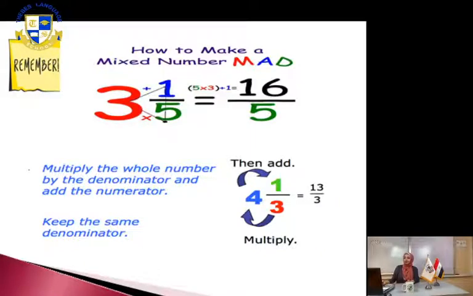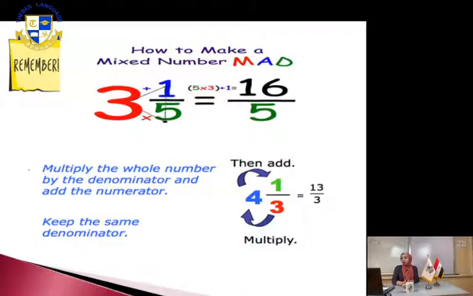Remember that we have studied before in primary 4 the mixed number and how to convert it from a mixed number to an improper fraction. Okay? Here we have 3 and 1/5. This is a mixed number. I want to convert it into an improper fraction.